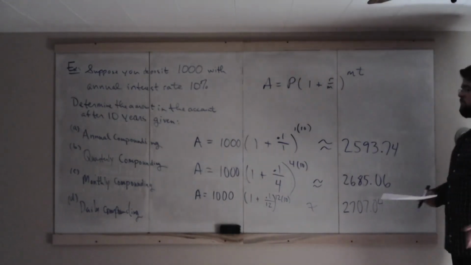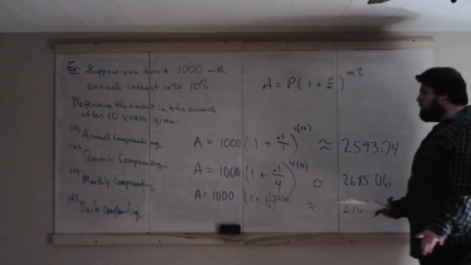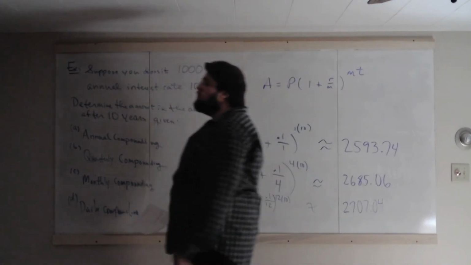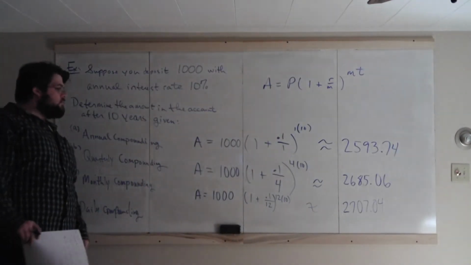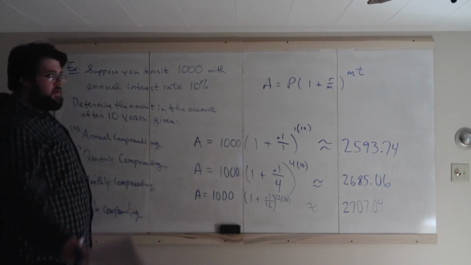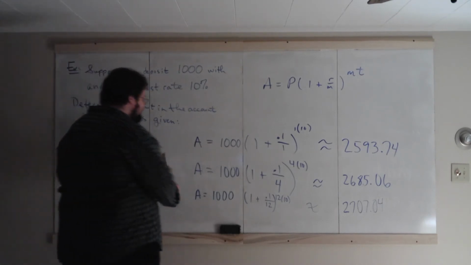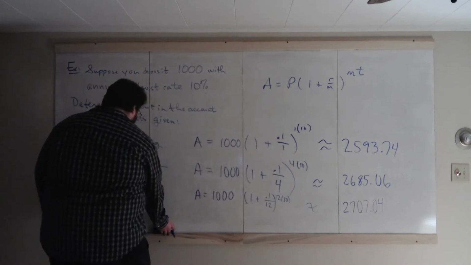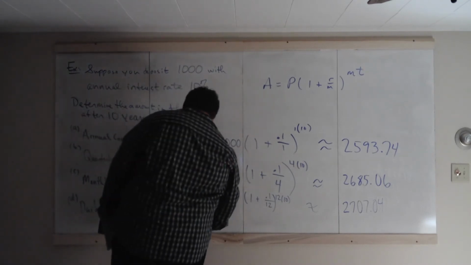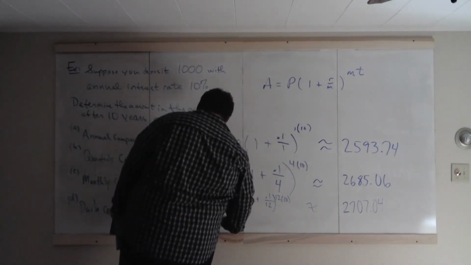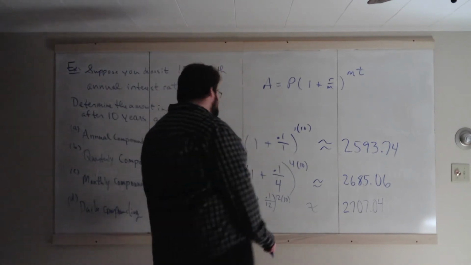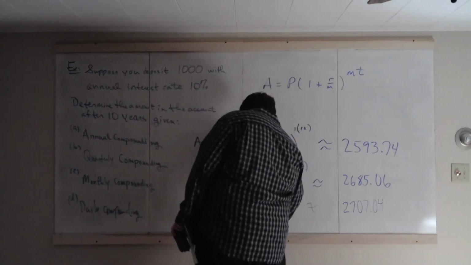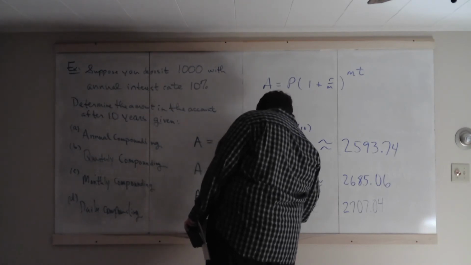Now, how about daily compounding? We will not worry about leap year. What year is it? 2020. This is a leap year. Who knows the rules for when a leap year occurs? For interest, we will not worry about leap years. We'll just assume exactly 365 days in a year.